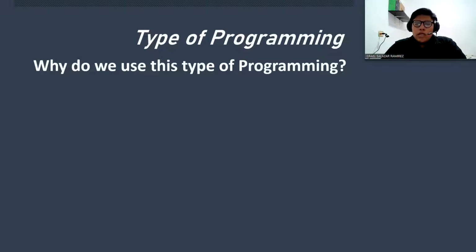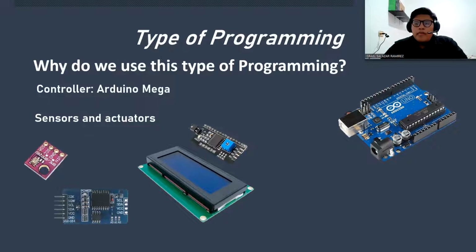Why do we use this type of programming? When we selected the controller, we selected the Arduino. Compared to other controllers, it is cheaper, and we can find a lot of sensors and actuators.